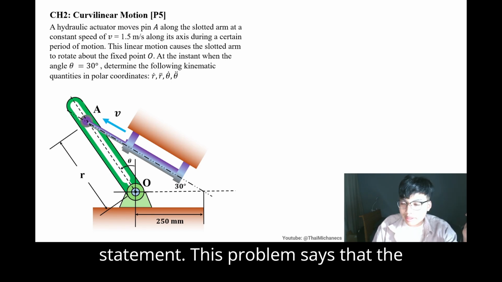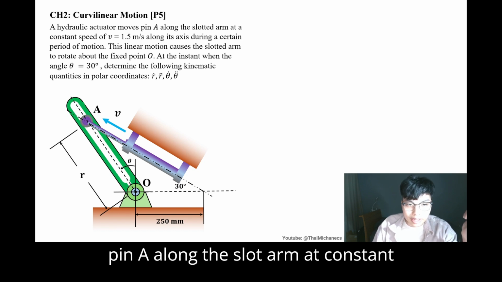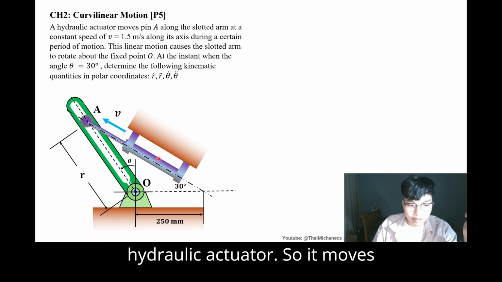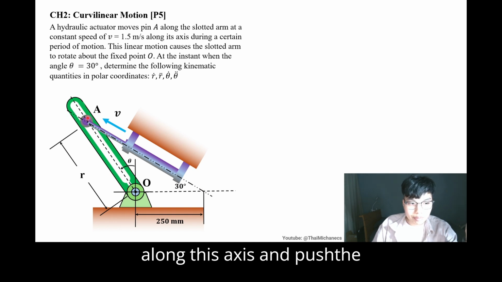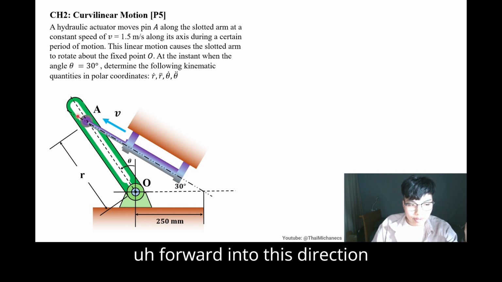This problem says that the hydraulic actuator moves pin A along the slot arm at constant speed v. So this is the hydraulic actuator. It moves along this axis and pushes the green slotted arm forward in this direction.